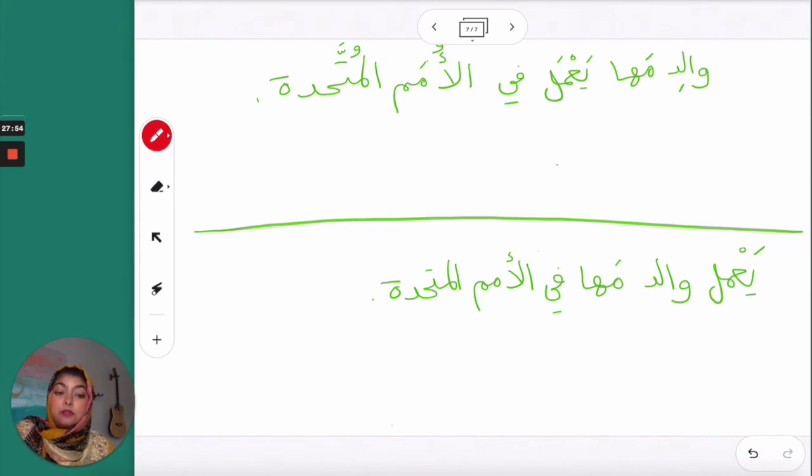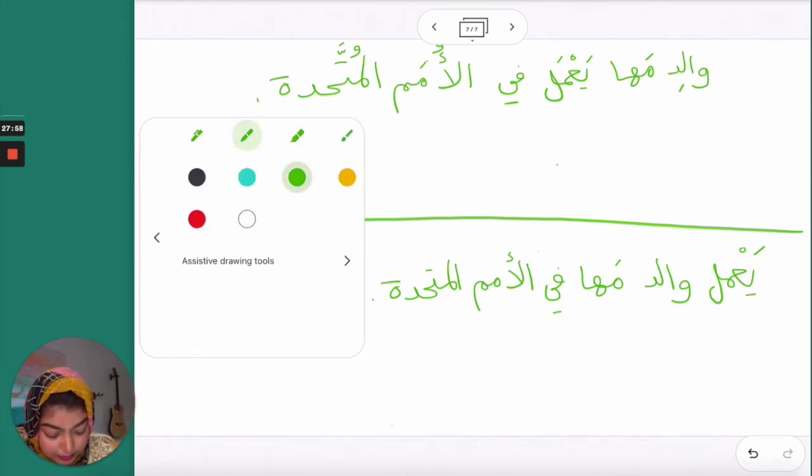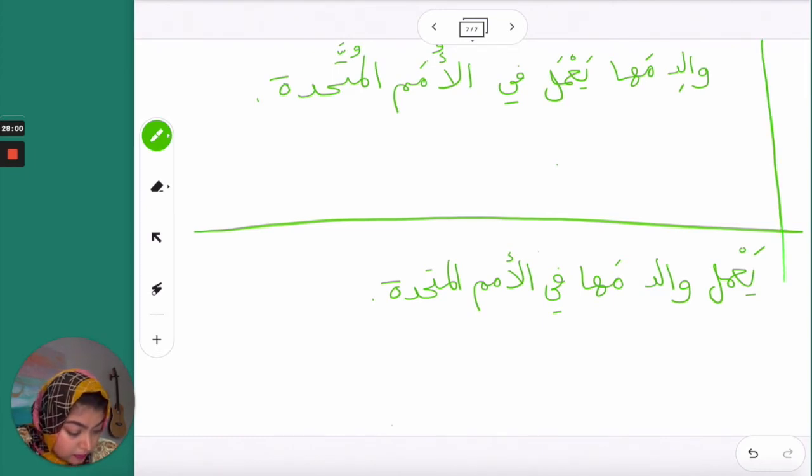Okay, now you should have done it. So let's label it on the right side, and then نبين المبتدأ والخبر والفعل الفاعل.